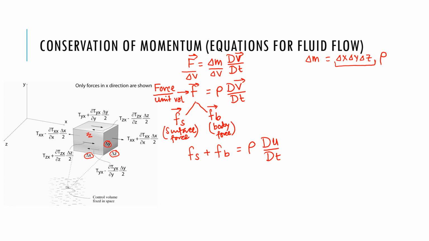Okay, so I define this quantity Tij as the surface stress that is felt, where i stands for the normal to the surface. So it's the direction of the surface, and j is the direction of the stress.